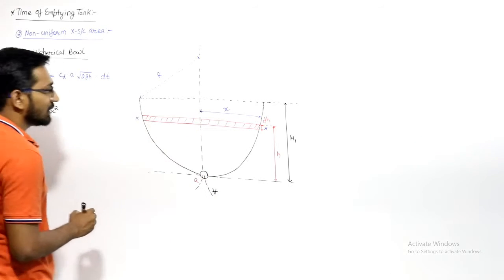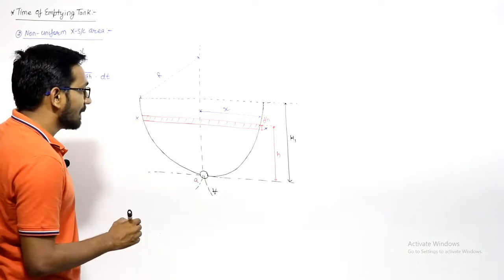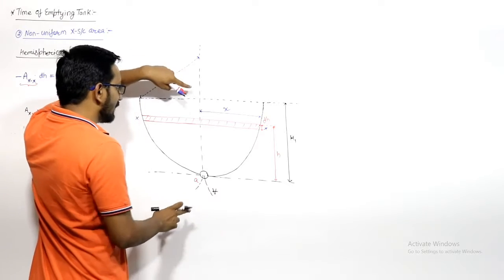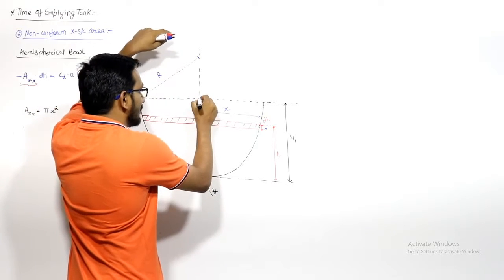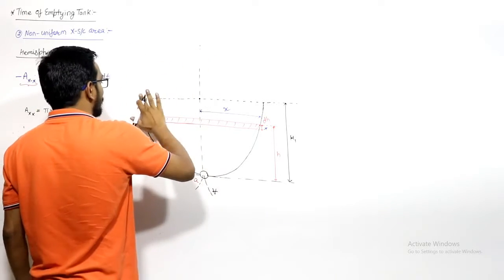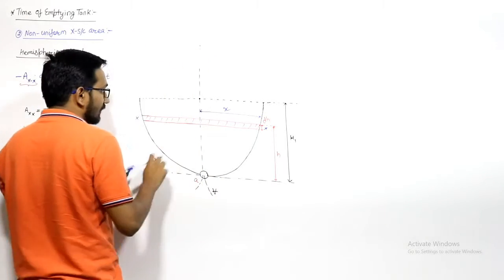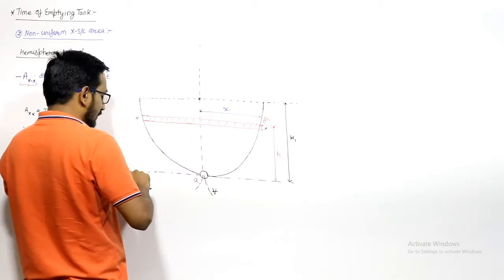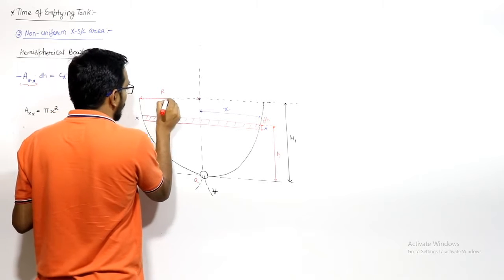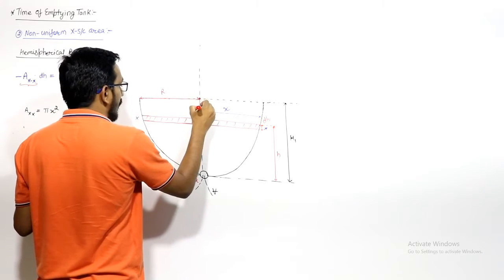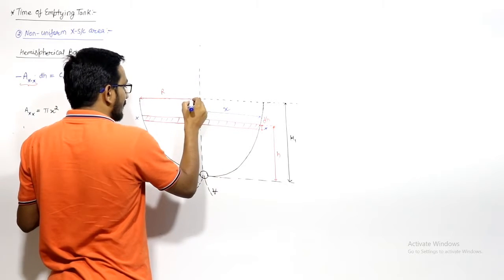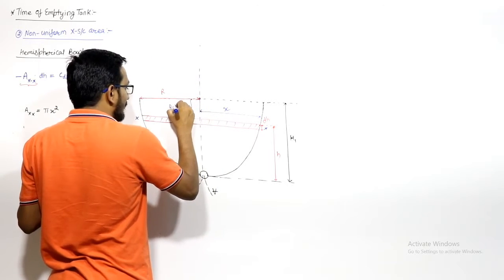To find the value of x, if you see from here, this is the center of the hemisphere, so this distance is capital R. This is h, so the remaining height will be capital R minus h.